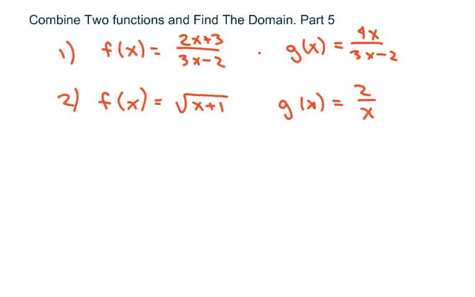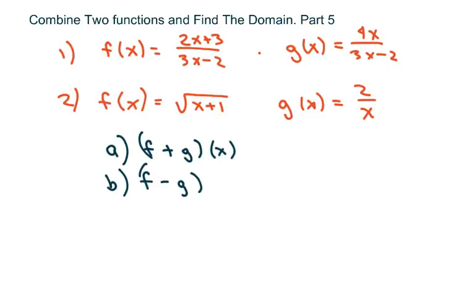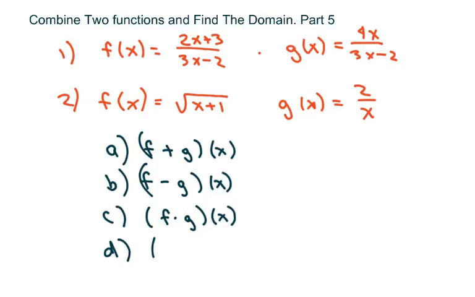We've got to find four combinations: f plus g of x, f minus g of x, f times g of x, and f divided by g of x, on both of these. These would be considered the harder ones, and again, the main thing we're looking for is finding the domain.